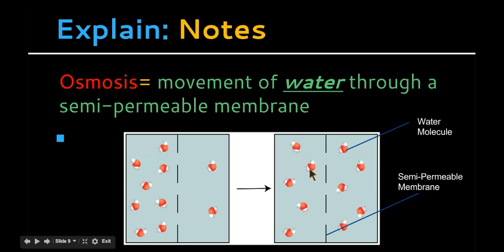We have 5 water molecules on each side of the semi-permeable membrane. We're at equilibrium. In this next video, you're going to get to see in really, really sped up fashion how osmosis works in real life.